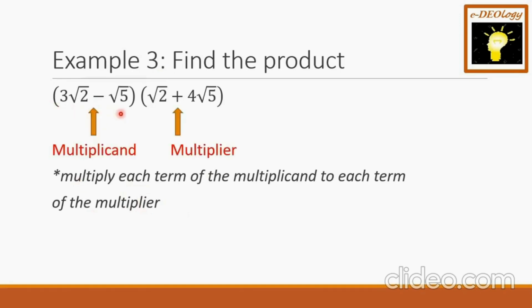So the first group is the multiplicand, the second group is the multiplier. So if I'm going to take the first term, I'm going to multiply this to the two terms of the other group. After that, I will take this second term of the first group, then multiply to all the terms of the second group. So let's start with the first term.